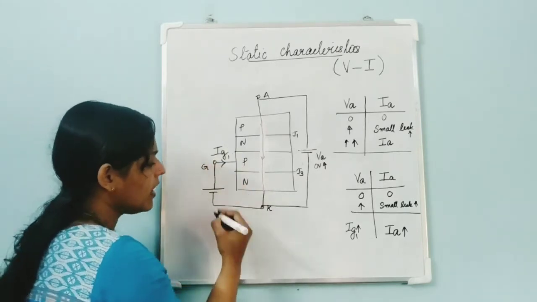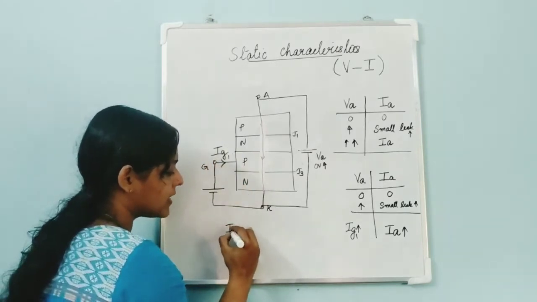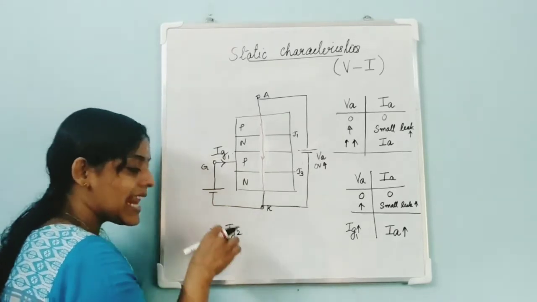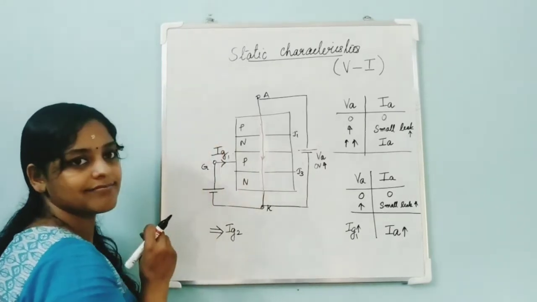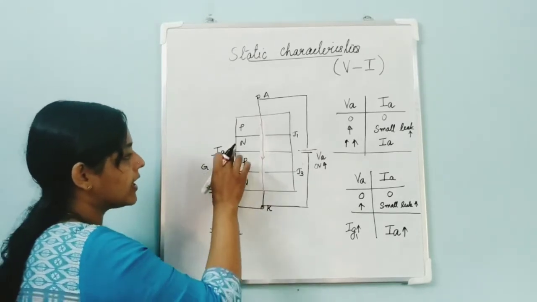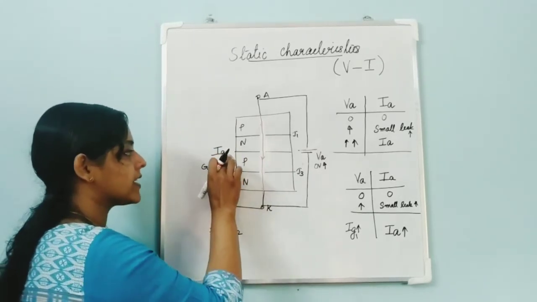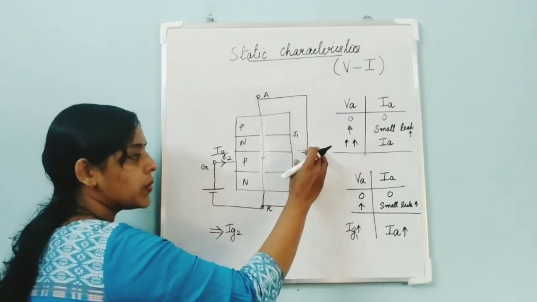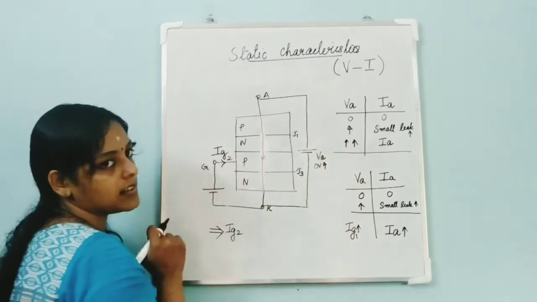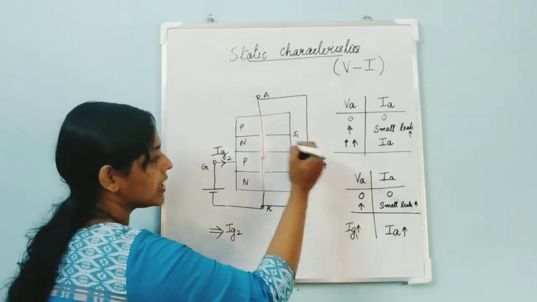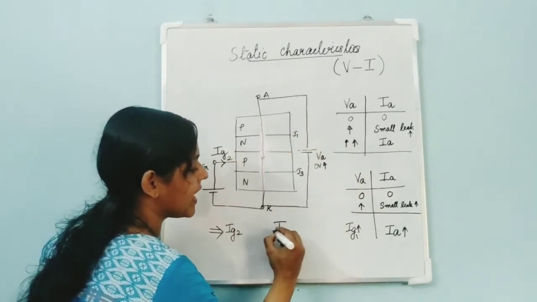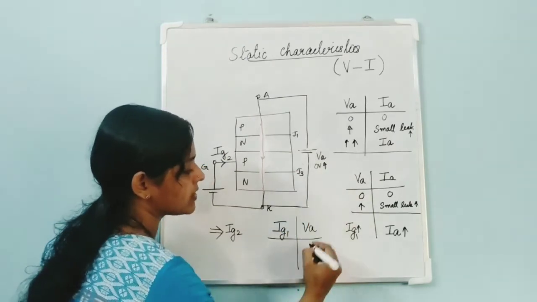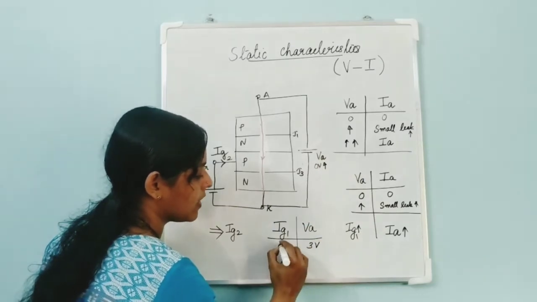Now, in the second case, I have applied another gate current whose value is less compared to the first gate current. So what happens? I need to increase the voltage to make it turn on. Initially, assume that in the first case, when the gate current was Ig1, the voltage was, say, 3 volt, and the current 1 ampere.